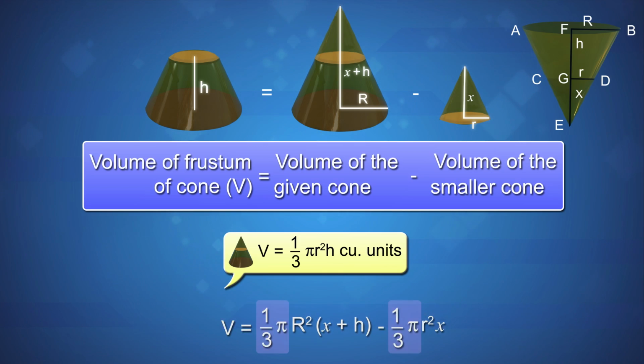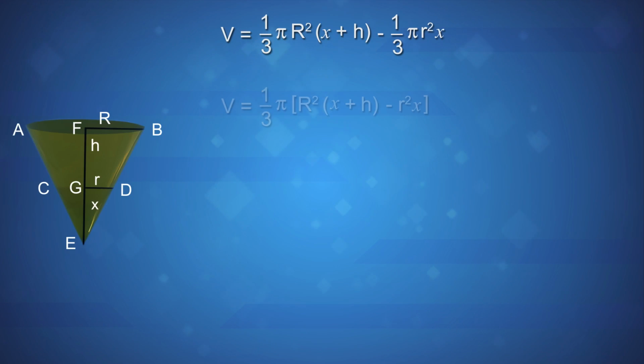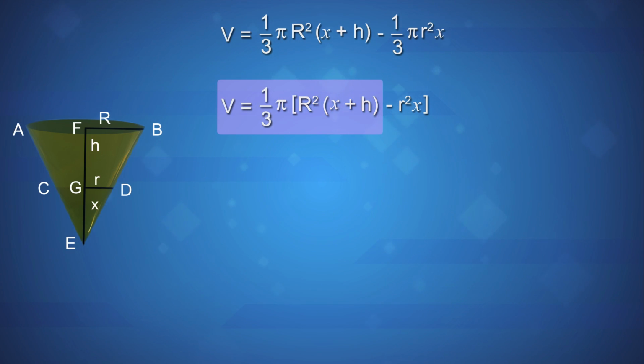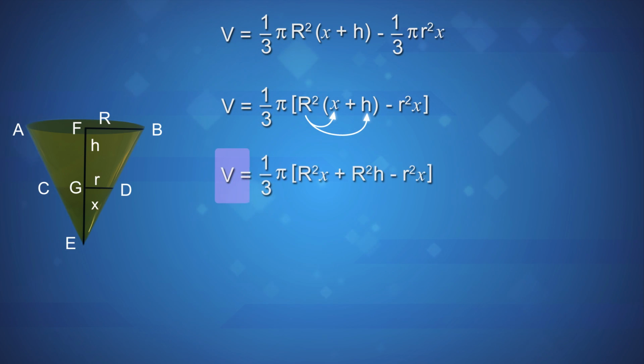Here, 1 by 3 pi is common to both the terms. So the equation becomes V is equal to 1 by 3 pi into capital R square into x plus h minus small r square into x. Now multiply capital R square with x plus h. So we get V is equal to 1 by 3 pi into capital R square x plus capital R square h minus small r square x.